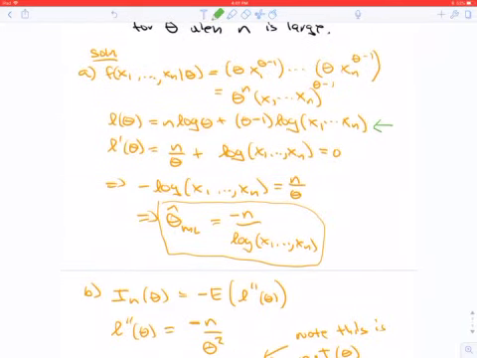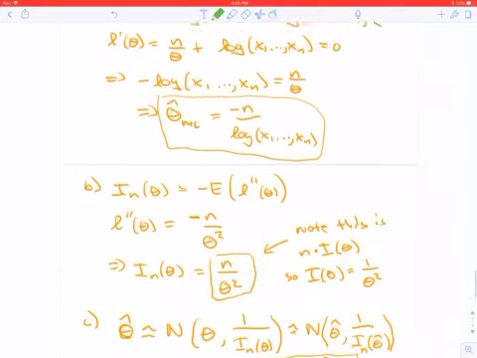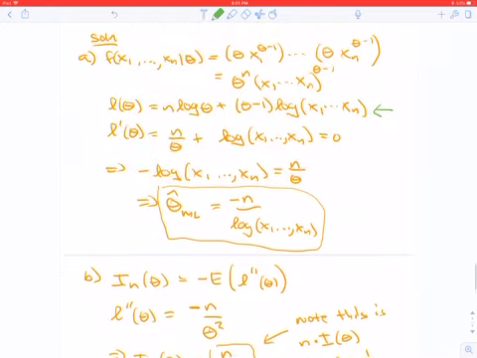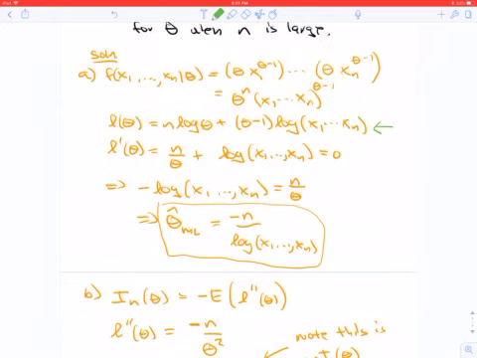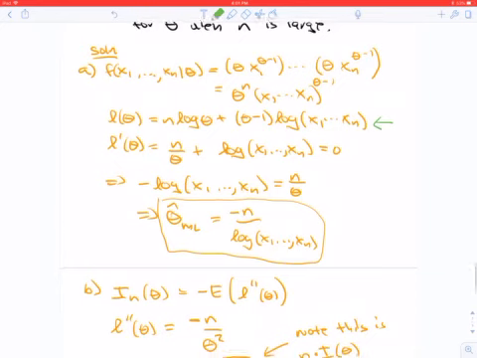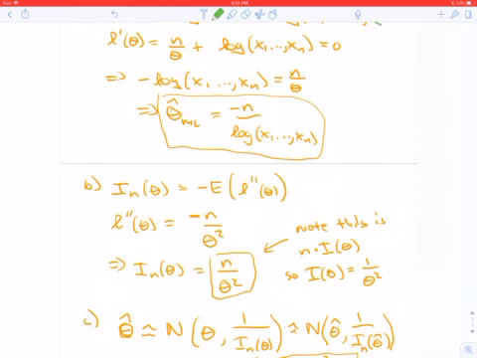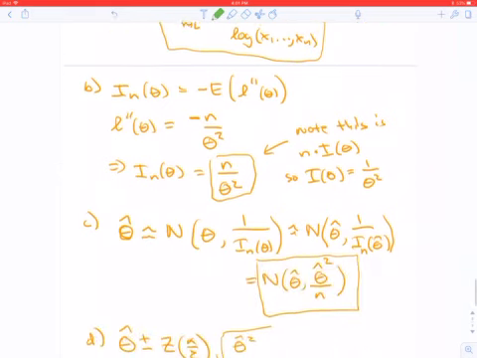All I have to do is take the second derivative of the log likelihood function, and because the second derivative here doesn't have an x in it, when I take the expectation, it's the expectation of a constant. So it is just n over theta squared.